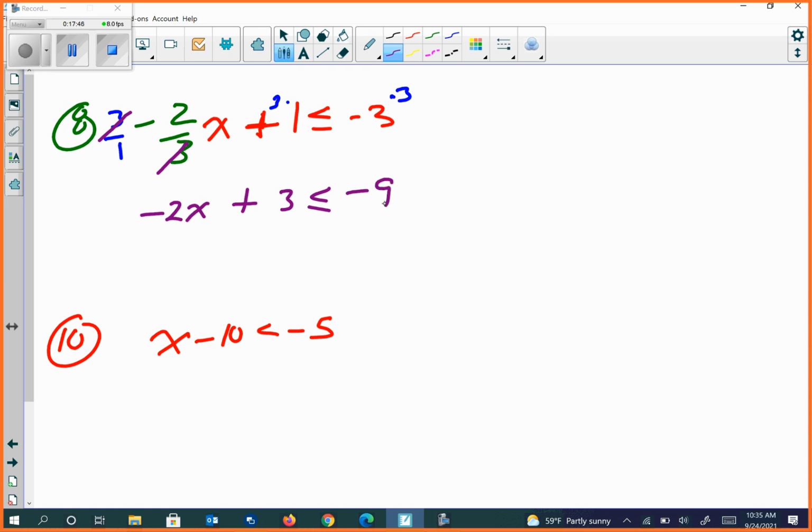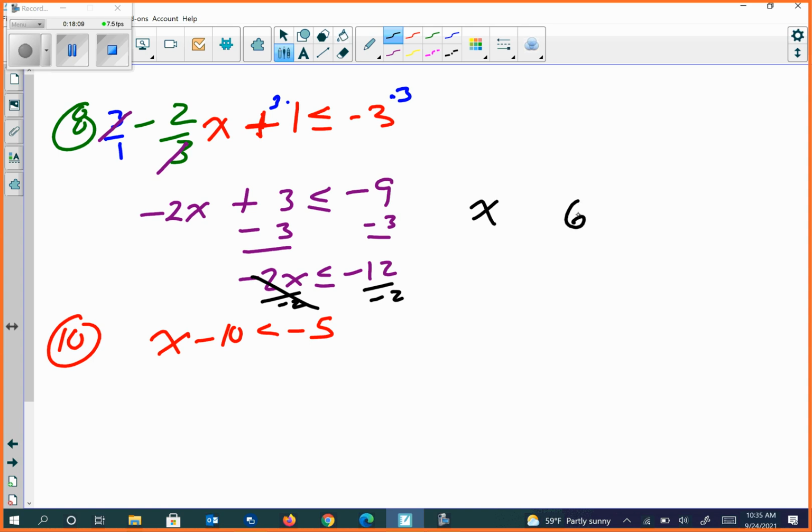Is that okay to do? And then I could subtract 3 from both sides. And divide by negative 2. Those cancel. Hey, friends, I divided by a negative.